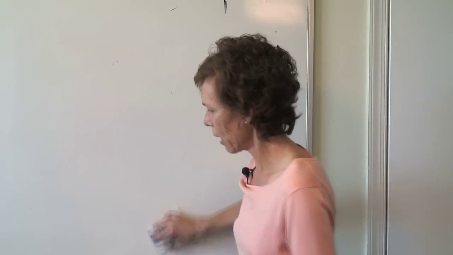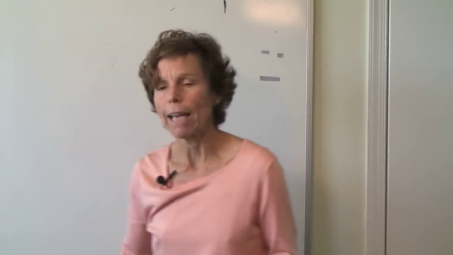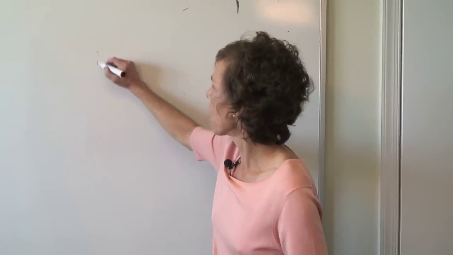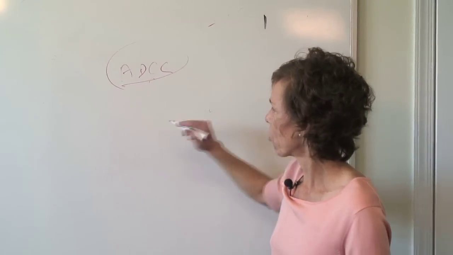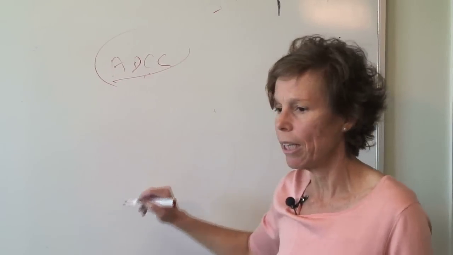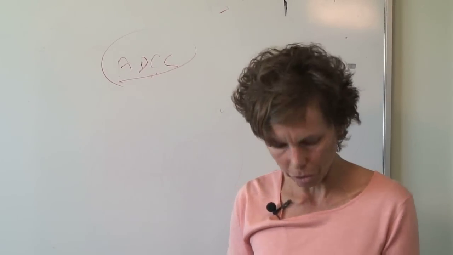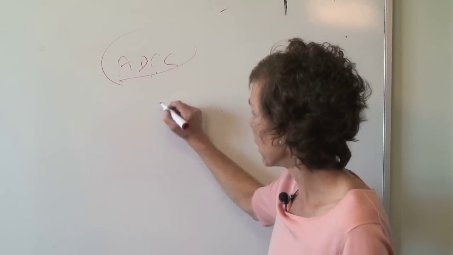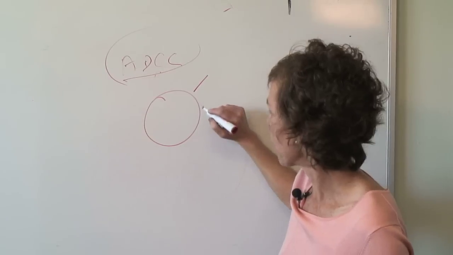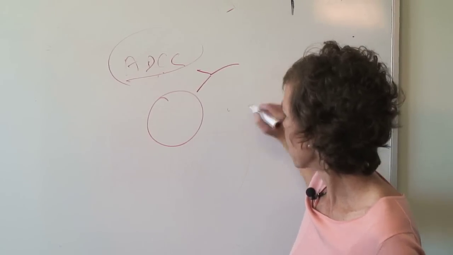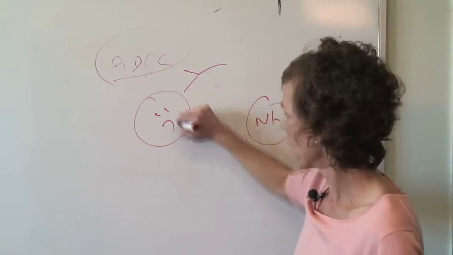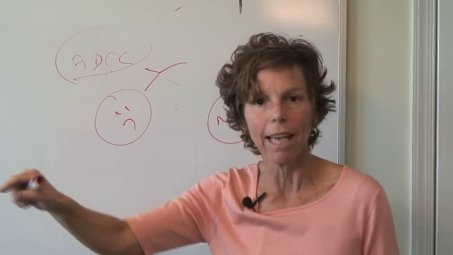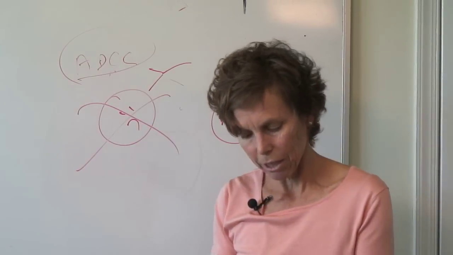What else? Let's think. Okay, NK cells, right? Antibody dependent cytotoxicity. So the NK cells also have the ability to have an antibody receptor. Antibody's bound to this, the NK cell sees it, and it can obviously start that cascade that's going to kill that particular cell.